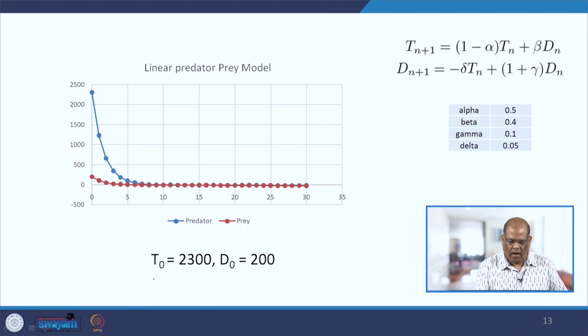And finally, I make the initial population of the tigers to be 2300, and you see that both the deer population and the tiger population go to 0. So it is obvious, because with so many tigers they will eat the deer, and when there is no deer to eat, obviously the tiger population will also die due to starvation.